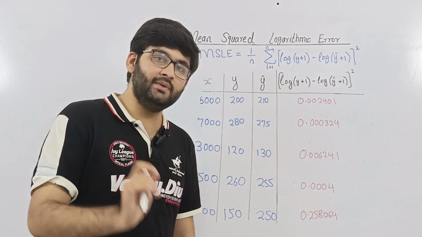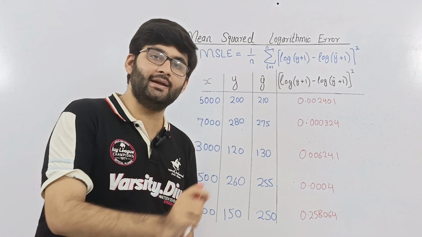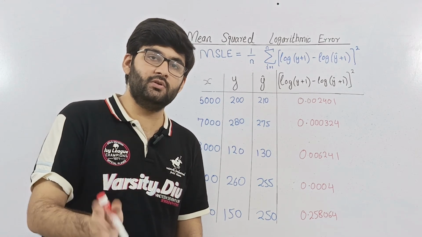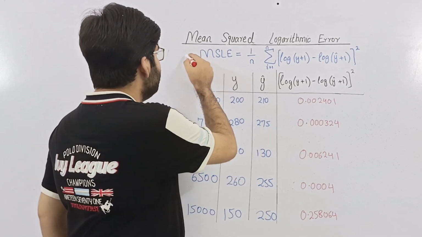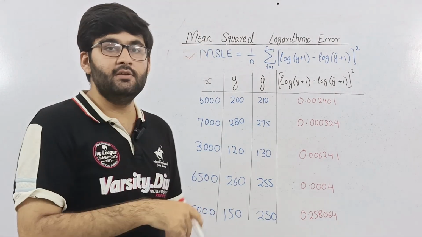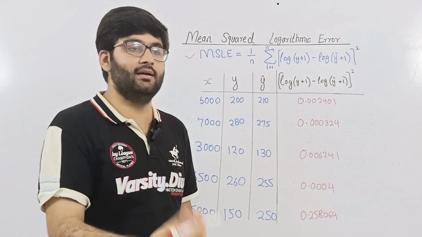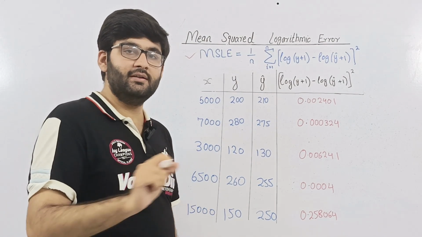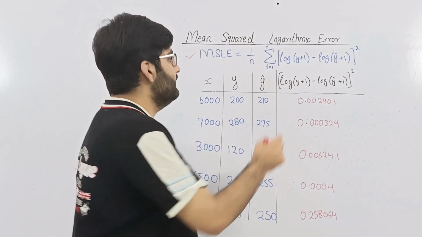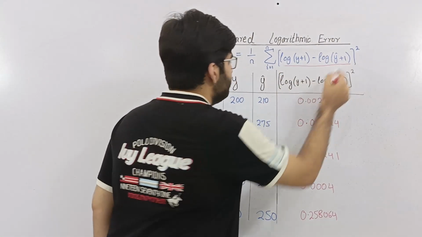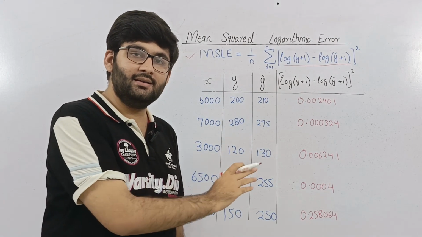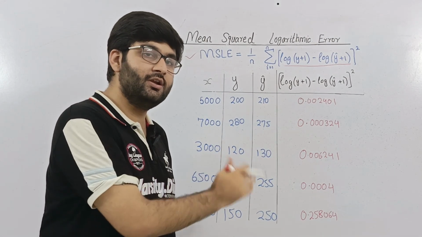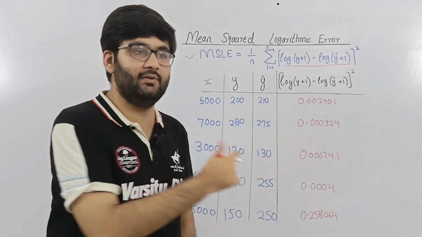This is the same dataset that we use to calculate mean absolute error and mean squared error. This is the equation of mean squared logarithmic error. So, to calculate this error, we can find this term for each row against the predicted and the actual values of the target variable.